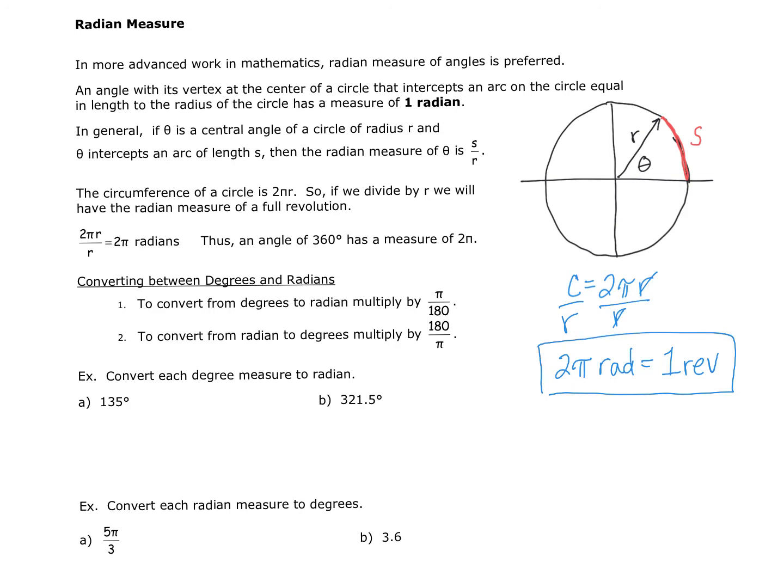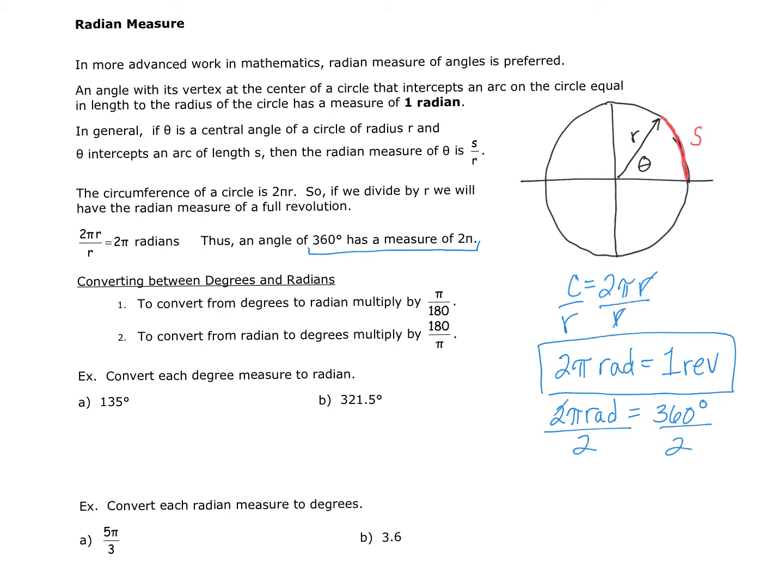This measurement here, 2 pi, is equivalent to 360 degrees. But in radians, we say 2 pi. We use this idea here, 2 pi radians equals 360 degrees, to come up with some conversions.